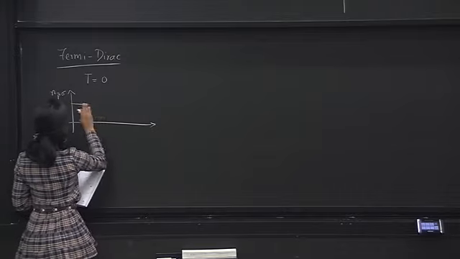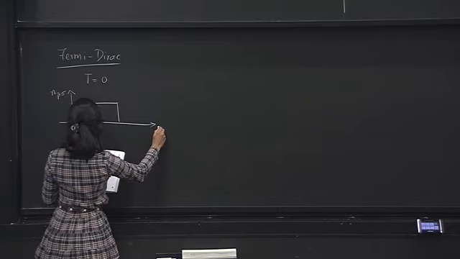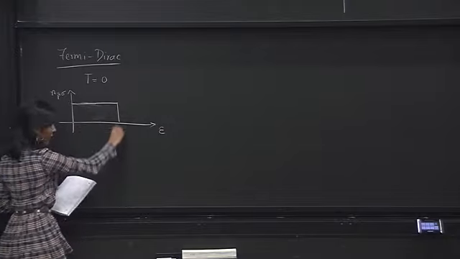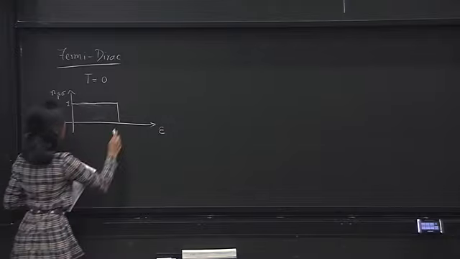So at 0 temperature, as we saw, and I'm plotting this versus energy, this looked like a step function. That is, we filled all the states up to some energy, which we call the Fermi energy.